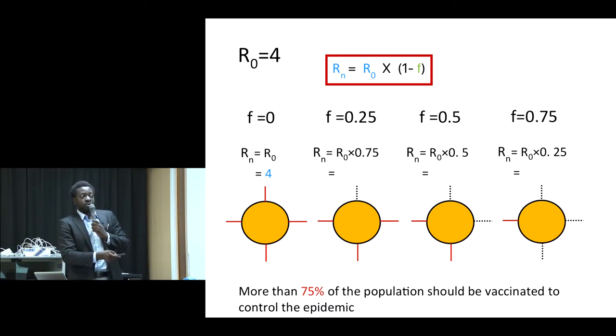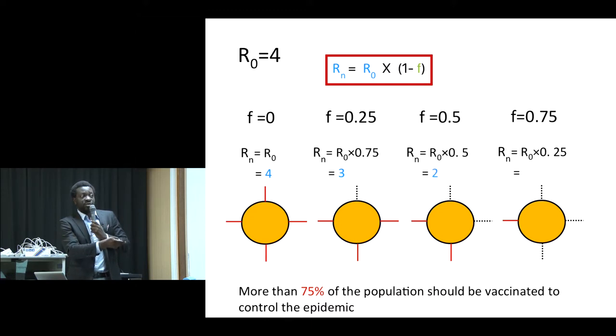And 4 people would be infected in this case. But if 25% of the population here is immunized, what happened? Our effective reproduction number becomes 3. So if we vaccinate 25%, even if R naught is 4, the person here can transmit the infection only to 3 people here. Let's increase the vaccination to 50%.